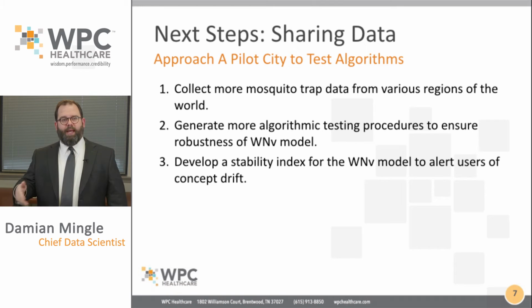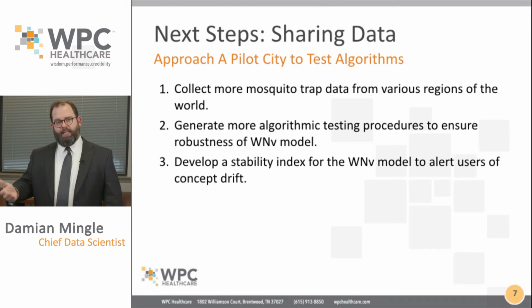So for us, the next steps, we like the idea of sharing data. We feel like being able to approach a pilot city to test these algorithms would be very beneficial to us in being able to learn more about the data underneath and learning how to refine the algorithm, but also to public health as well, and being able to not only focus on areas in the United States, but also around the world.